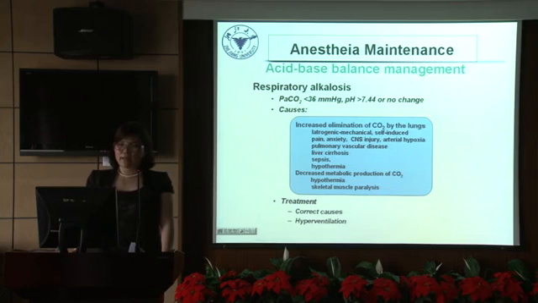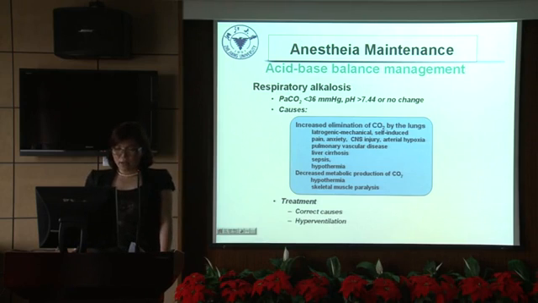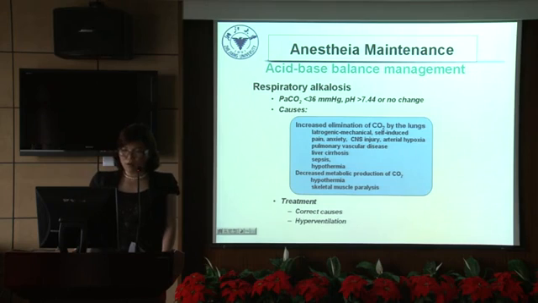And respiratory alkalosis is usually because of excessive ventilation, right? So if the patient has some manifestation of respiratory alkalosis, the first step, I think, is not to give drugs.